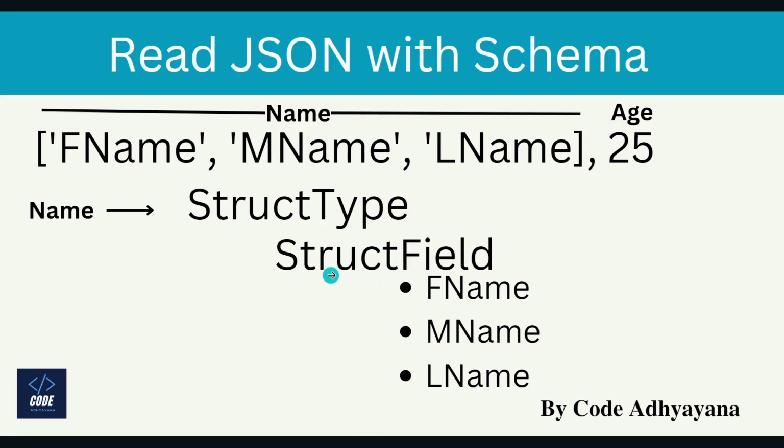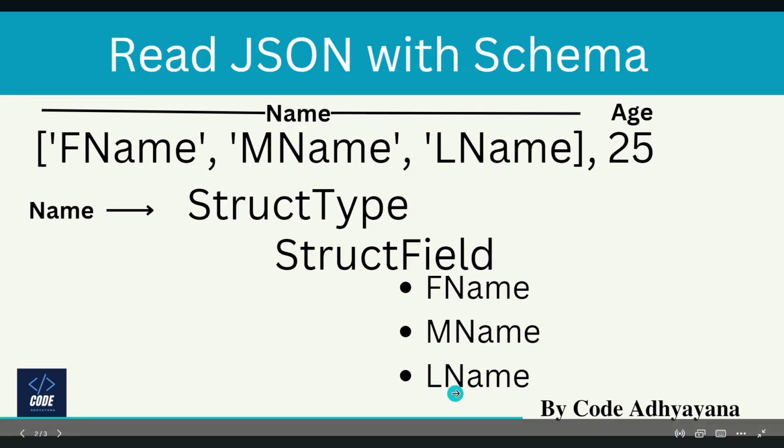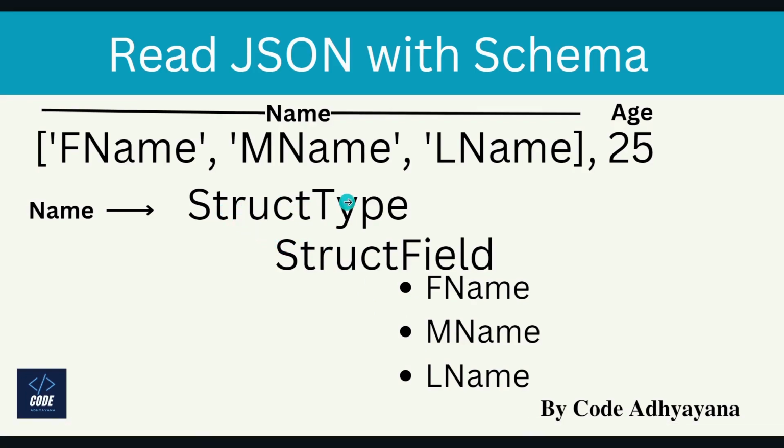So we are going to create a struct field, one for first name, one for middle name and one for last name. And then we are going to create one struct type for this name part.